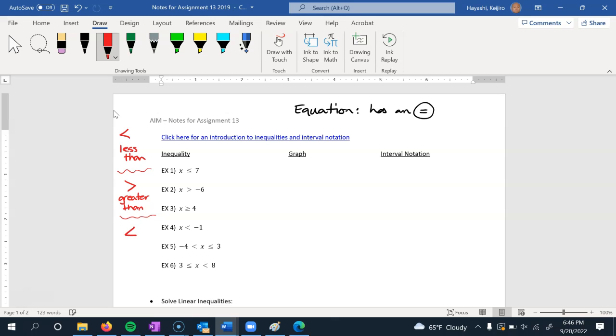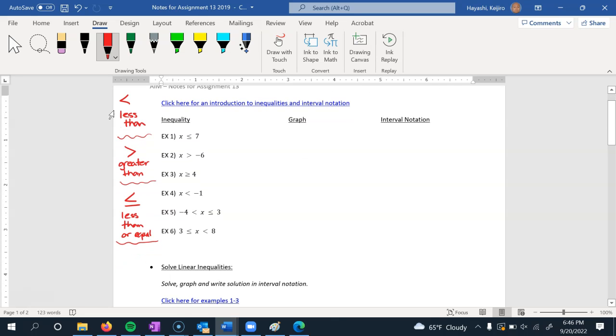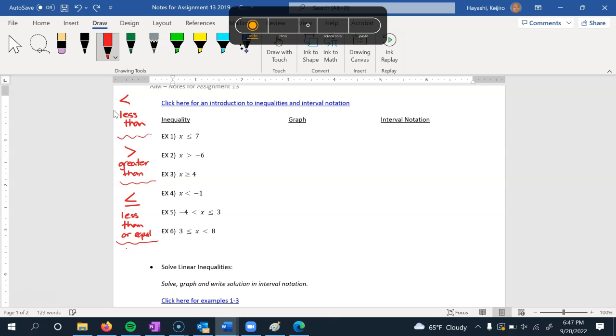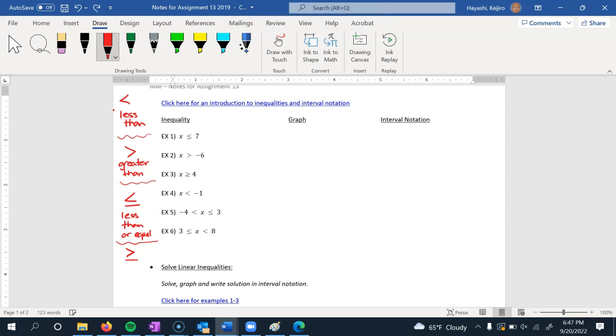There's also this symbol. It's basically a less than sign with a sort of horizontal bar below it. So it's kind of halfway between a less than and an equal sign. And that's because this is the less than or equal sign. And last, there's this sign. So the greater than symbol with a horizontal bar beneath.